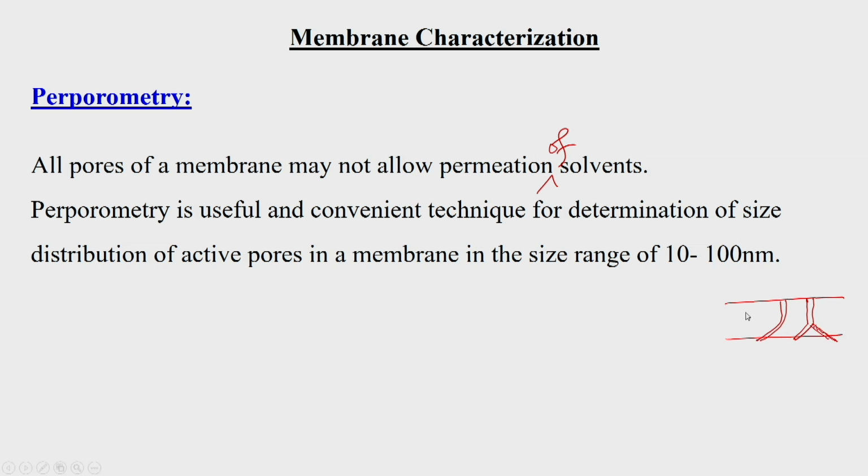So many combinations may be there. Porometry is a useful and convenient technique for the determination of the size distribution of active pores in a membrane in the size range of 10 to 100 nanometer. In this range we can get the pore size distribution.